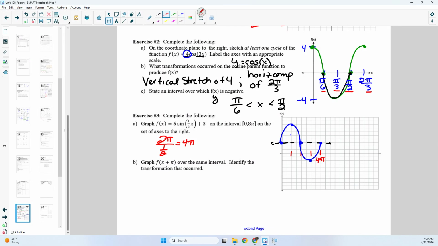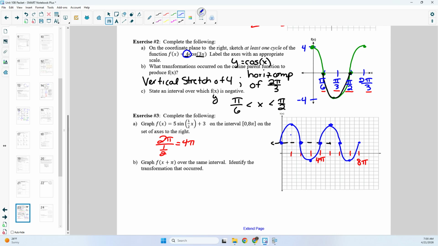I need to continue it out to 8 pi. So I'm just going to repeat that process. So I go up, middle, down, middle, and now I graph that over the interval. I have 2 sine curves, 2 sine periods.